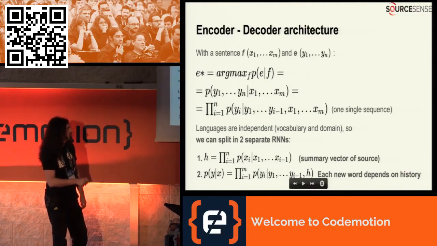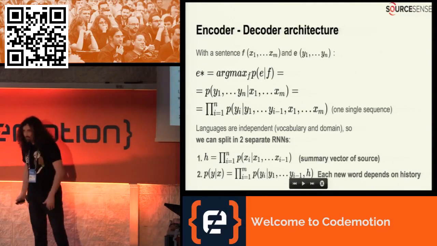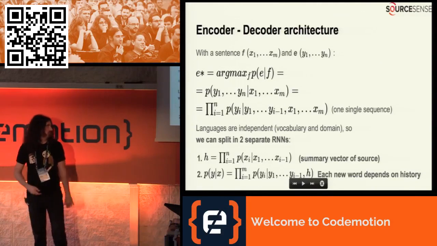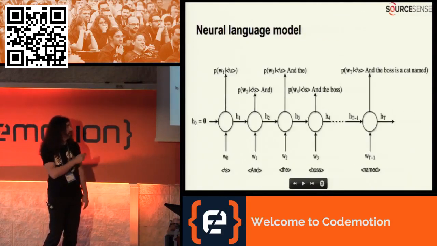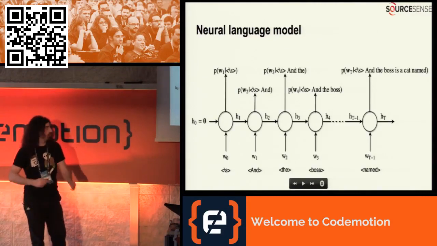This maps everything as one single sequence in which at any certain point of the computation, the next target word in our language that we are outputting has been influenced by the history of the output, but also the history of the input. That's okay, it works, but it's very cumbersome because it means that we have to build just one single recurrent network, which is very complex and very long.